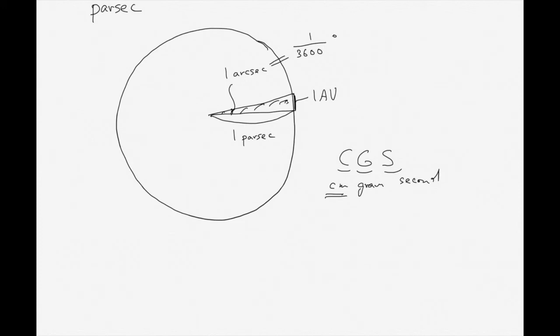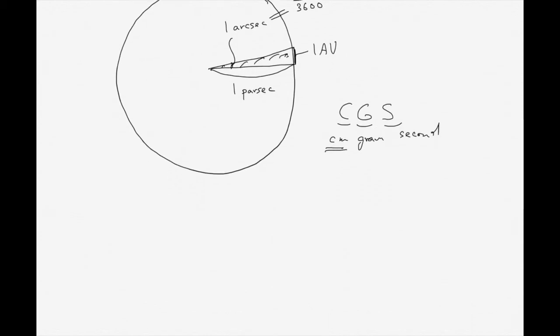So we convert the unit of angle from arcsec to radians. As I explained, 1 arcsec is equal to 1 over 60 times 60 degree. So it is 1 over 3600 degree.